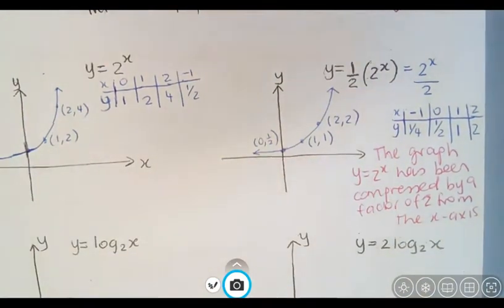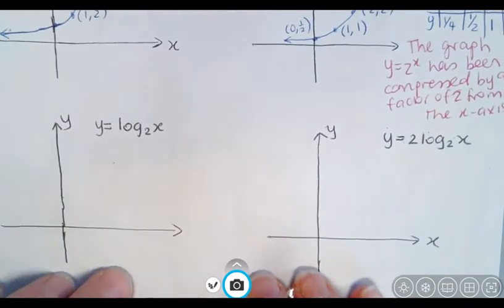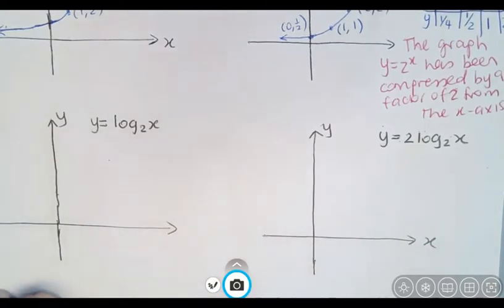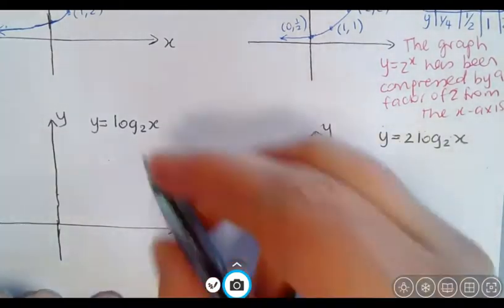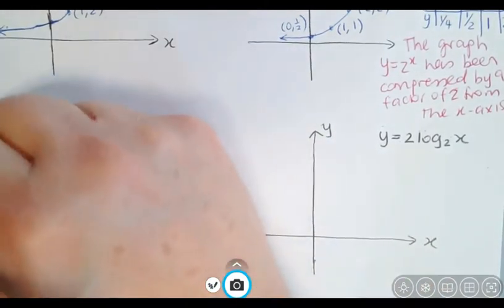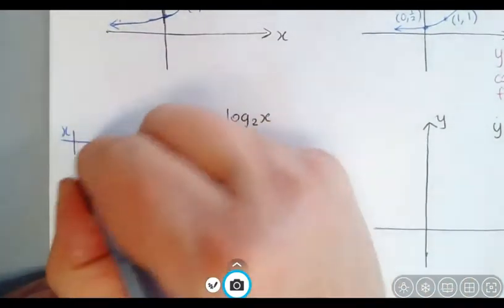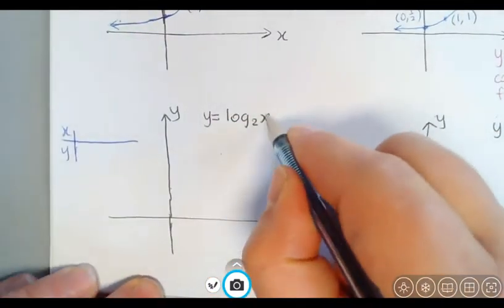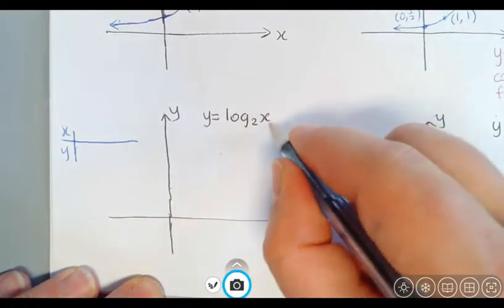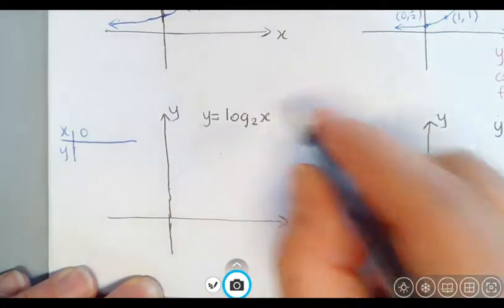Okay, now just looking at these last two, we've got y equals log to the base 2 of x and y equals 2 times log to the base 2 of x. Just some suitable values to substitute. When x is 0, we know that it is undefined, because even if we did change of base, you can't find the log of 0.